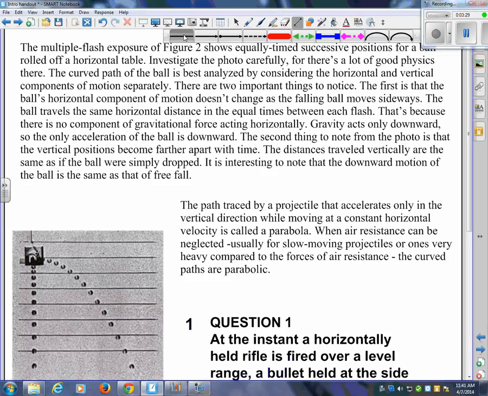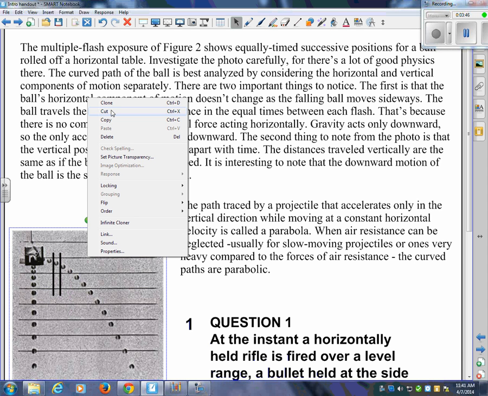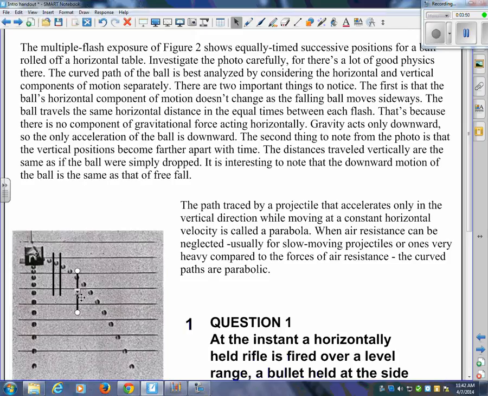Let me just draw a line here and show you. Okay, so in other words, if I go with the back of the ball, and I put it right there, to right there, to right there.